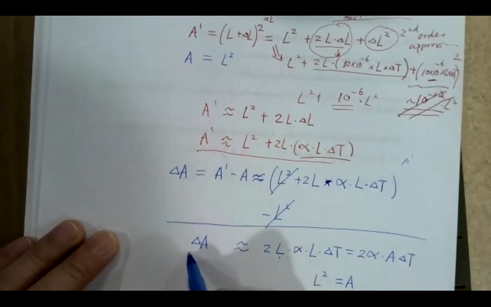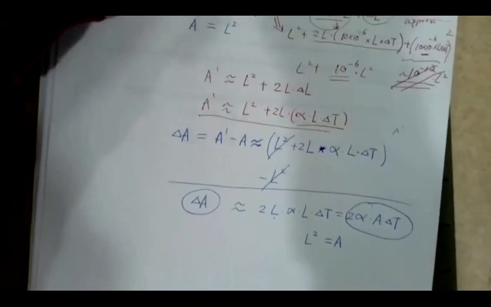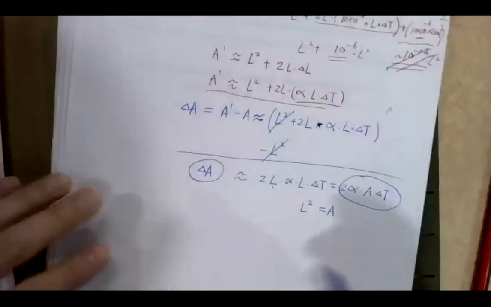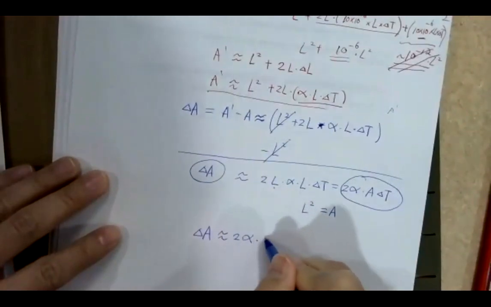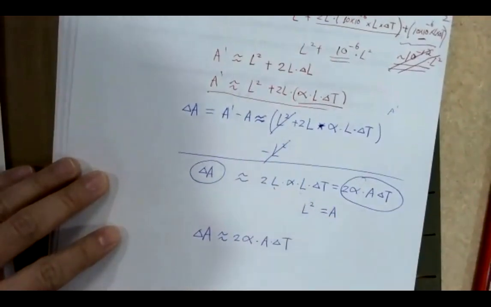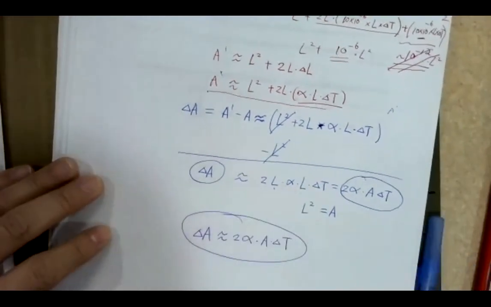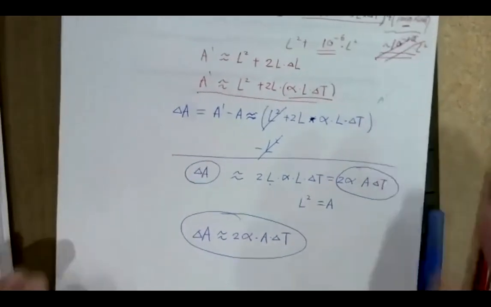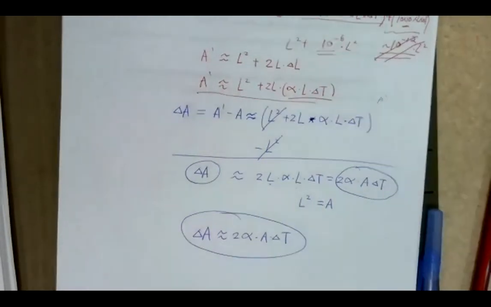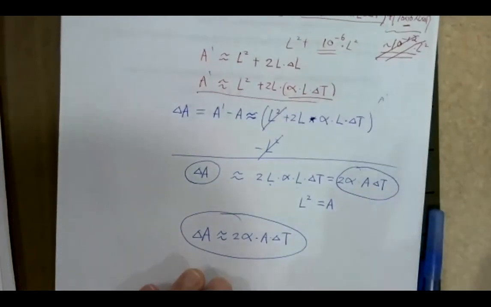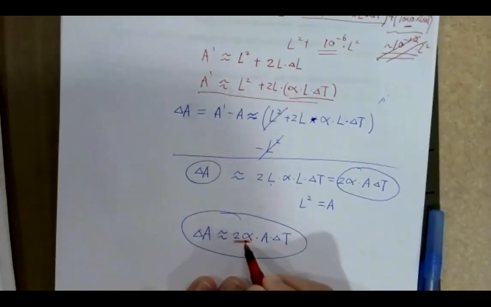So then your change in area is approximately equal to that, which is the one shown on the PowerPoint slide: delta A approximately equal to 2 times alpha times A times delta T. So this is your conclusion. If alpha is a constant number, then 2 times alpha is also a constant number.